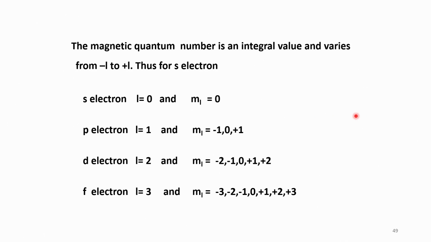For a P electron, L is equal to 1 and the magnetic quantum numbers are minus 1, 0 and plus 1. Similarly, L equal to 2 will result in minus 2, minus 1, 0, plus 1 and plus 2. For F electrons, L is equal to 3, and we have 7 magnetic quantum numbers.